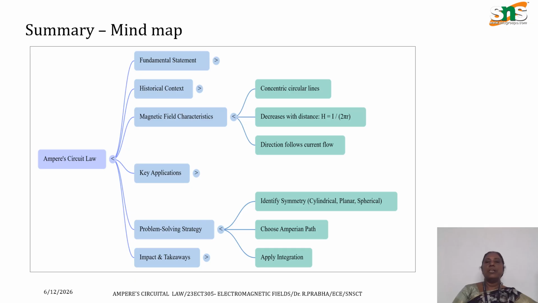We have seen various key applications and the problem solving strategy. We have seen how to calculate the magnetic field using Ampere's law for symmetrical distributions. And finally, we have seen the impact and also takeaways. Thank you.